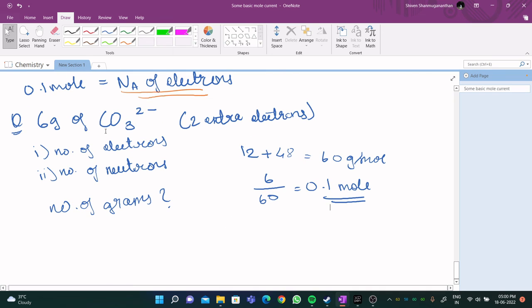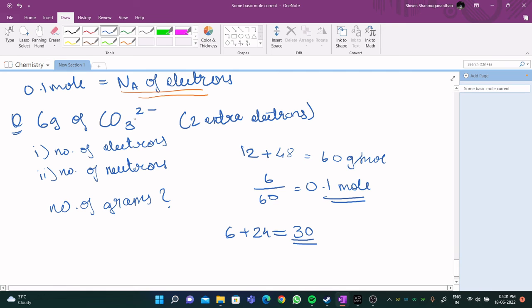Now, again, we'll do the same thing we did earlier. First, we'll find the number of protons. We have carbon, whose atomic number is 6. Then we have oxygen, whose atomic number is 8. So 8 threes are 24, plus 6 is 30. We have 30 protons here, right?